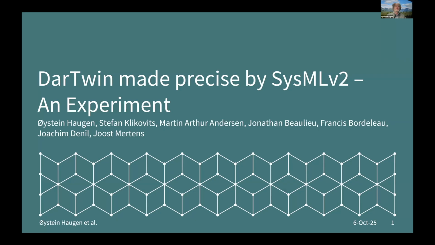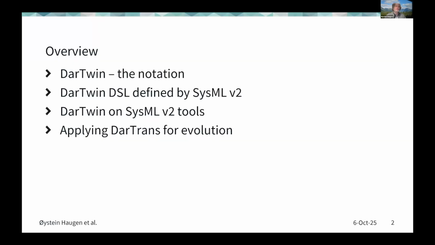And we've already heard something about SysML version 2, and you will hear a little bit more in just a few seconds. A quick overview of what I'm going to talk about. First I will talk about the DarTwin notation, very briefly, and then about this DarTwin DSL that we defined by using SysML v2 mechanisms for that purpose.